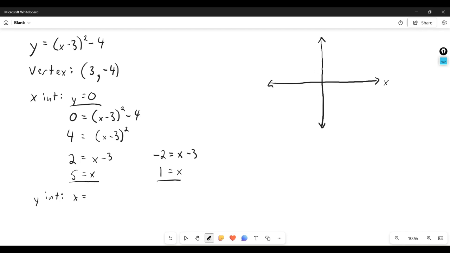If we put that in our equation, we get y equals 0 minus 3 squared. You can put the 0 there if you want, but it doesn't matter. Minus 3 squared. Subtract 4. So y equals 9 minus 4, and that equals 5.